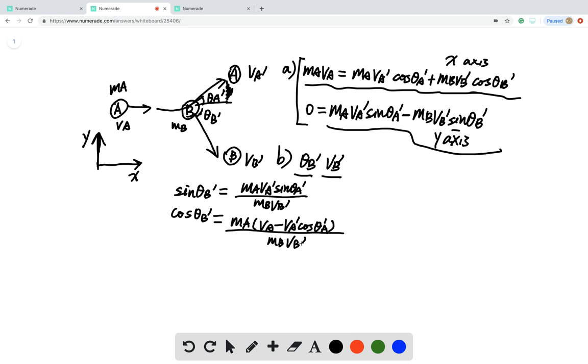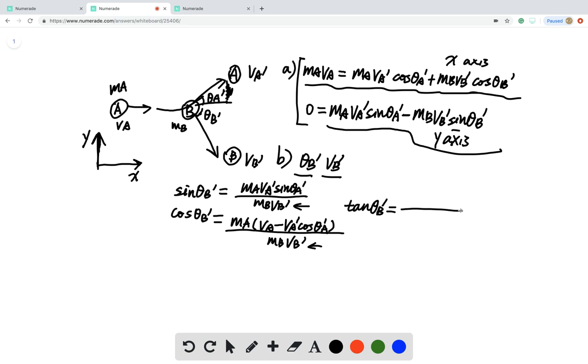We can see they both have MB VB prime in their denominator. So if we just divide them to get tangent theta B prime, we will be able to cancel the VB prime. We do not want it in the denominator.